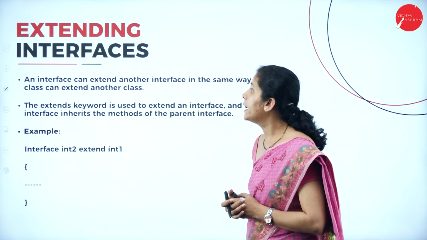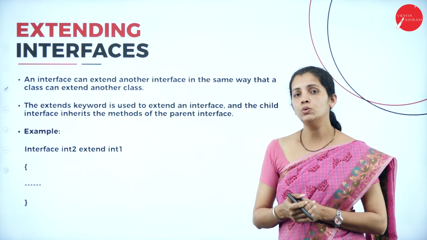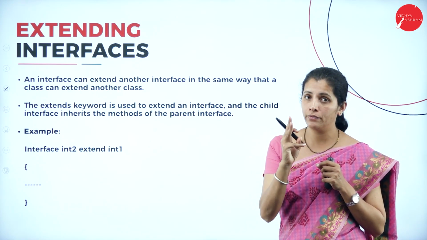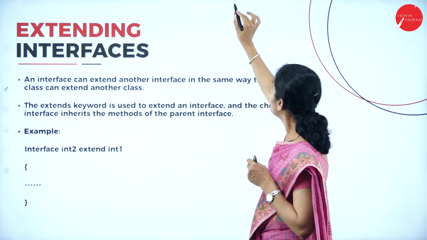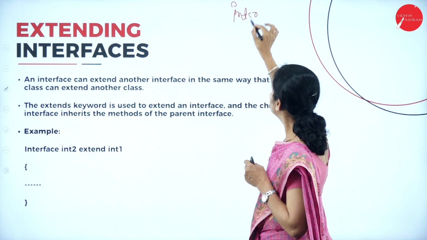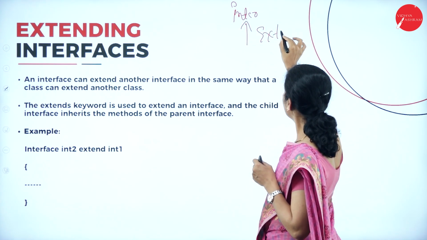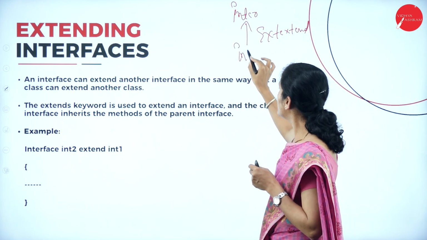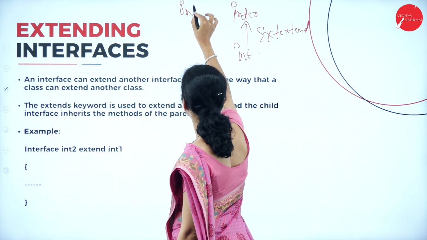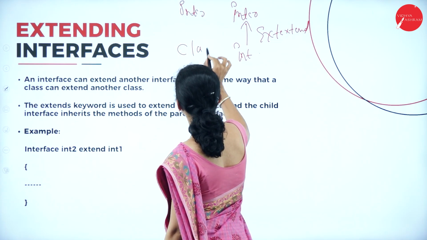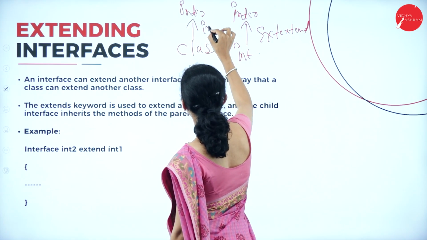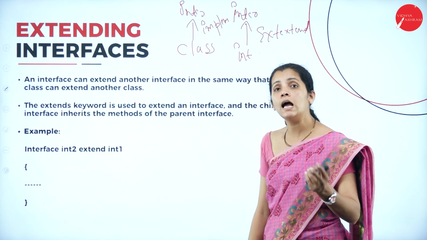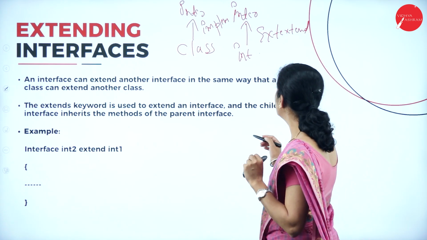Now, I'm going to extend an interface. So, dear student, remember here, when I'm having two interfaces, I'm going to use the keyword extends. And when I'm having an interface and a class, at that time it is implements. And when I'm having class and class, once again it is extends.